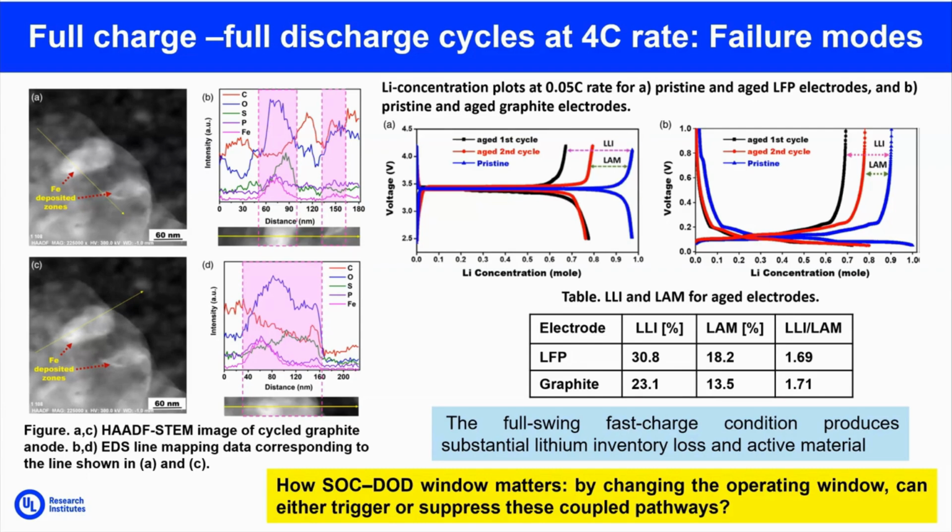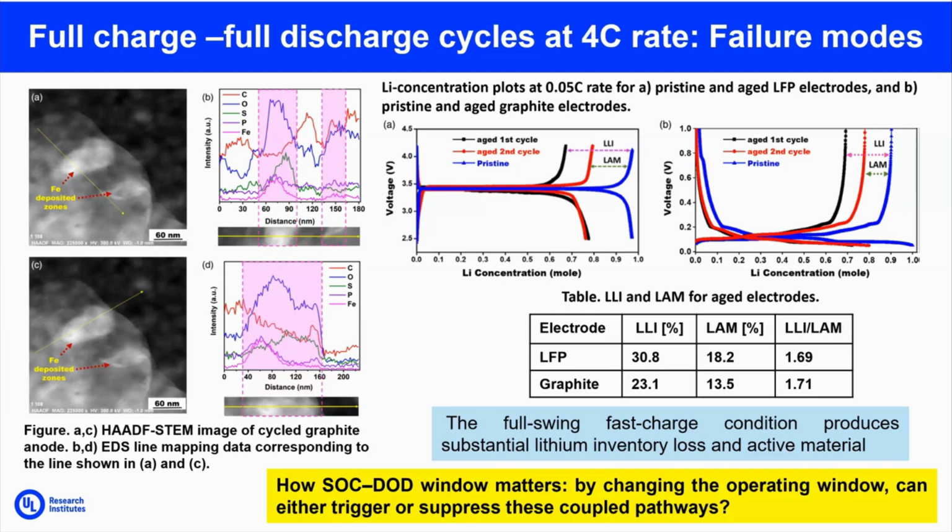From this analysis, we identified the LFP contribution, the modes, for example, loss of lithium inventory or active material loss. If you look at the cathode side, it is more, and because the transition metal is leached out and deposited on the graphite, the LLI further increased. The quantity was increased on the graphite side.